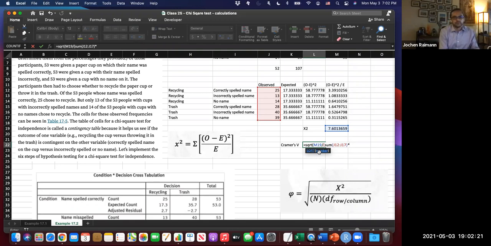Degree of freedom of row and column is 1, right? Because we're taking the column, that's 2, that's the k column, minus 1 is 1. Multiplied by 1, using the brackets, and this is our V, 0.22.